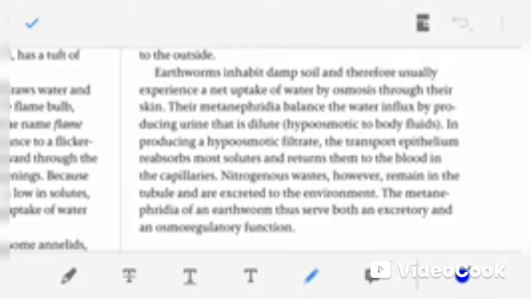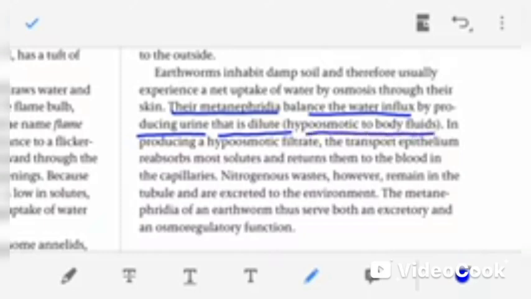Now the metanephridia of the earthworm balance the water influx by producing urine that is dilute. The metanephridia produce urine which is hypoosmotic to body fluid.